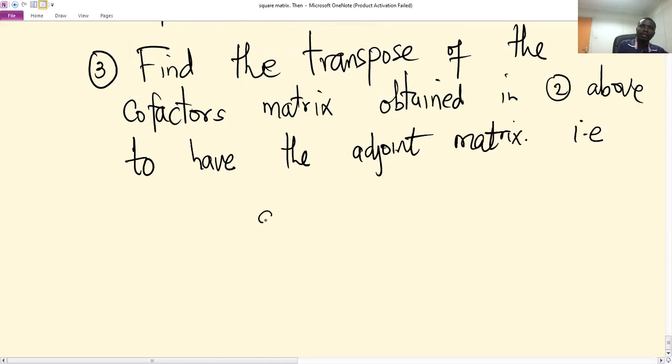I.e., the adjoint of our matrix A is given by the transpose of the cofactor matrix.